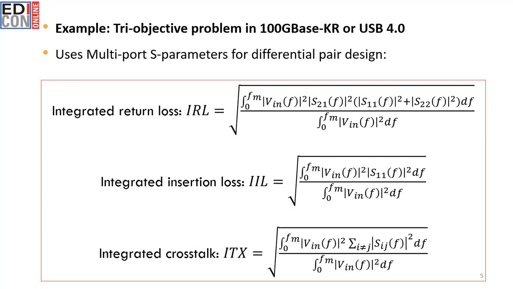You have integrated return loss defined in terms of the incoming and outgoing port S parameters, and these are defined in terms of an integral from DC all the way up to some maximum frequency. Where you cut off that maximum frequency really depends on the band limiting effects in your channel and in your receiver. You'll see more what I mean on the next slide.